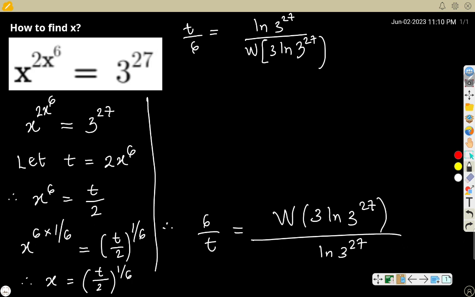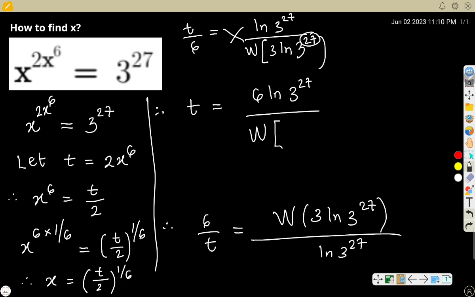So we take the reciprocal of both sides. Cross multiply now. So T will be equal to 6 ln 3 raised to power 27, divided by W.